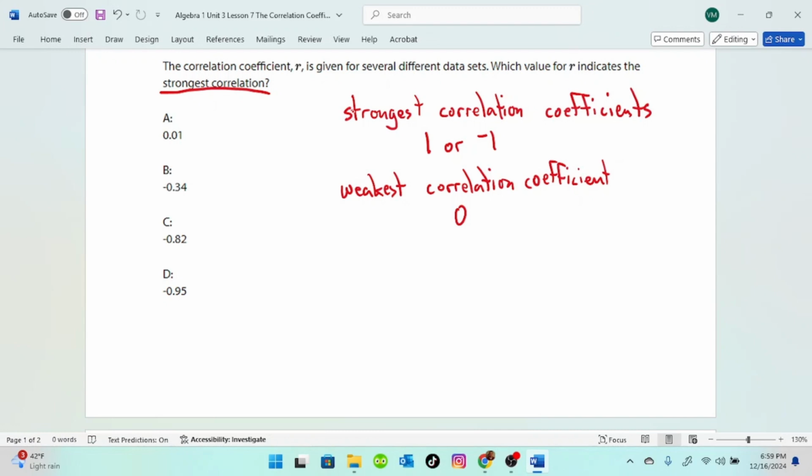And as I look through my choices here, the closest one is D, -0.95. That is closer to -1 than any of the other choices are to +1 or -1.